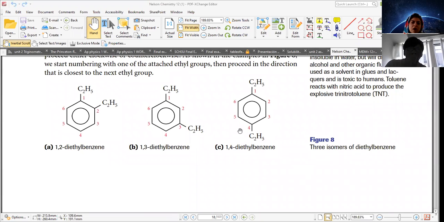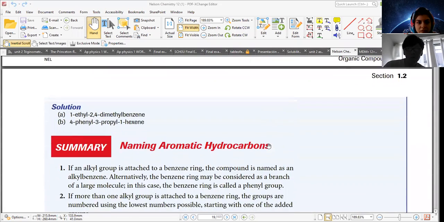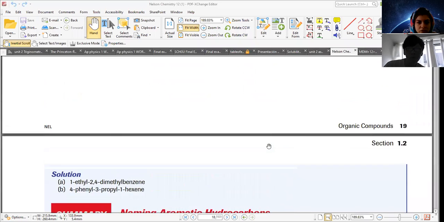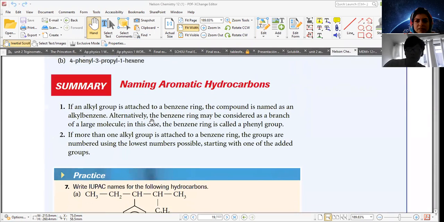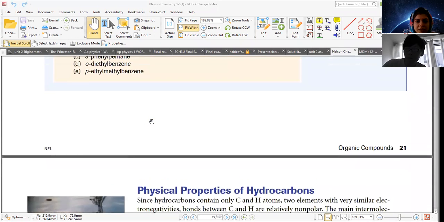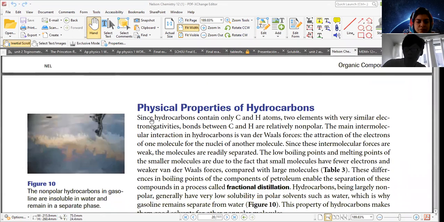We call all of them isomers because they have the same number of carbon and hydrogen, true, but different configurations. Okay, so is there any question here? No. Okay, I want you to name, so this is page 21, questions 7 and 8, you do.